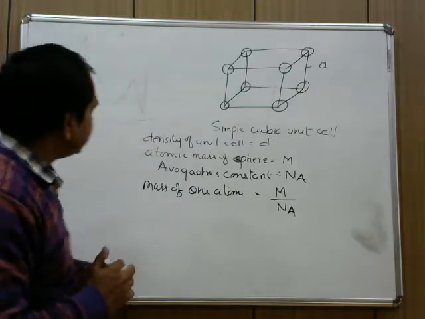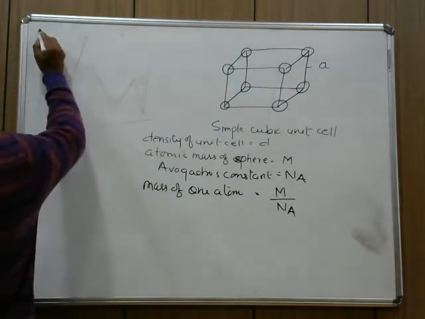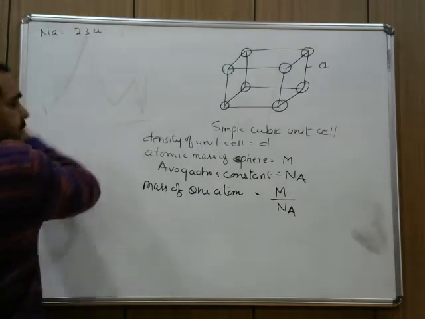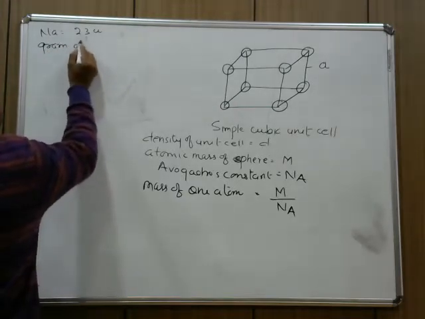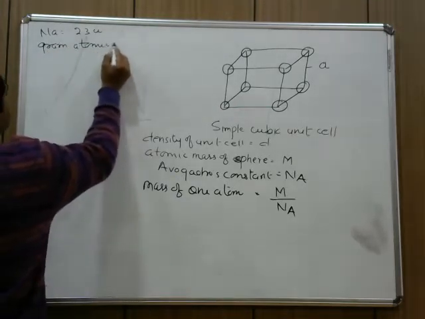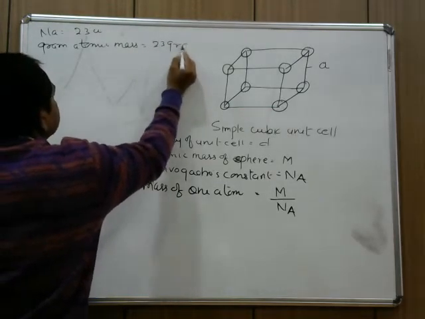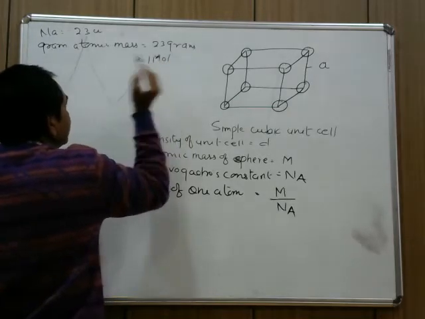Let us take one example to clarify it. Say for example, atomic mass of sodium is given by 23 U. Then its gram atomic mass is 23 grams, which is equal to 1 mole.